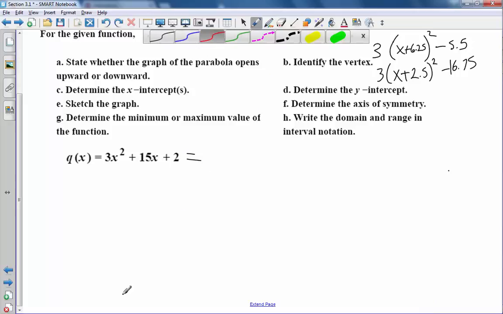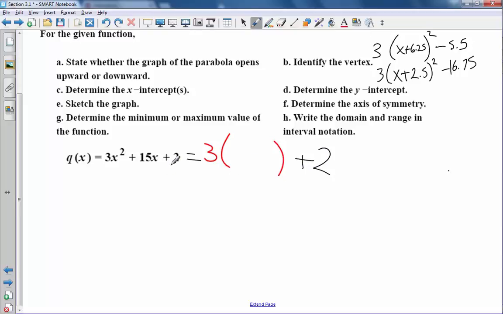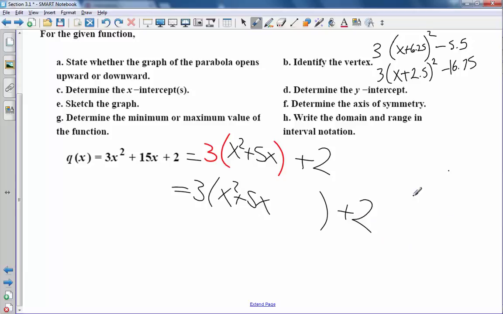First, we bring this number out front by factoring from the first 2 terms only. Don't touch the number on the end. It's just 2. So I factor 3. This is x squared and 5x. Then we keep a space after 5x so that we can bring in a number and take out another number from the end.